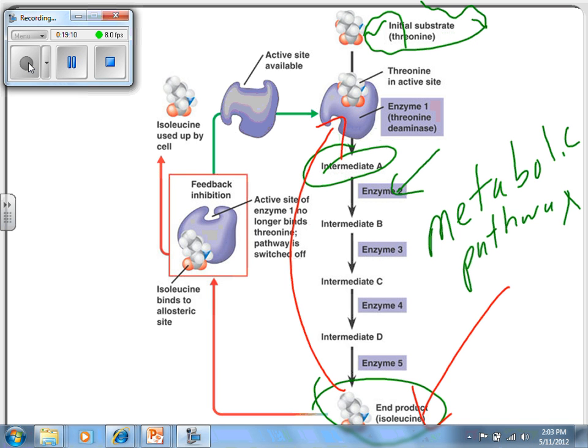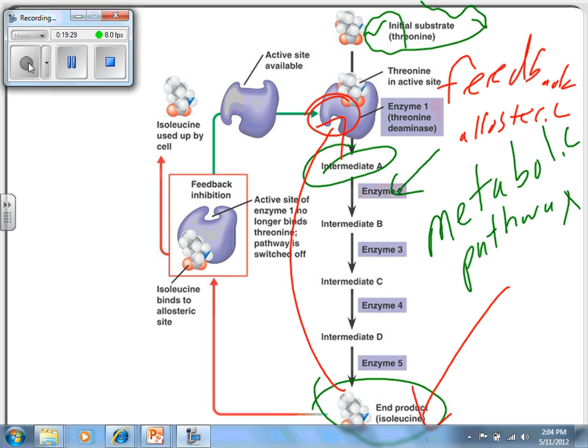And that little groove, sometimes it's called the feedback site. Sometimes you're going to see it called the allosteric site. Allosteric means that it's going to change what? The shape of this enzyme, and thereby turn it off.